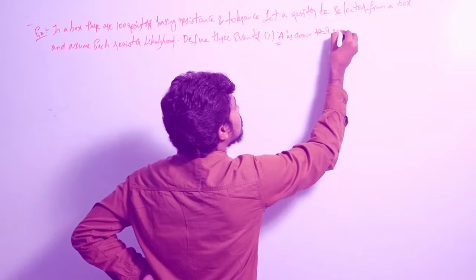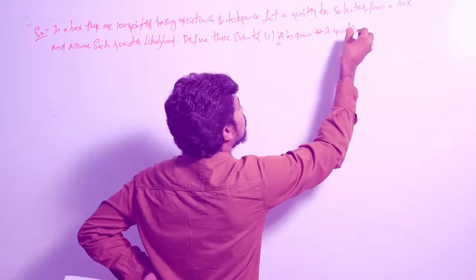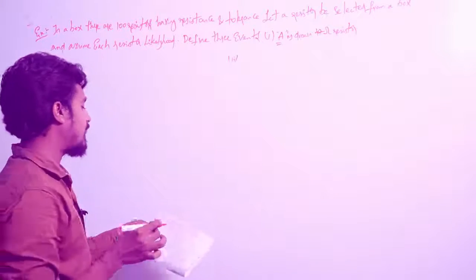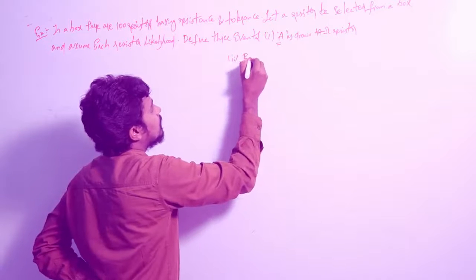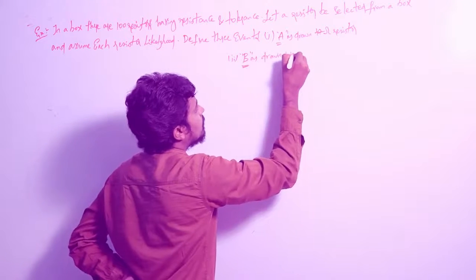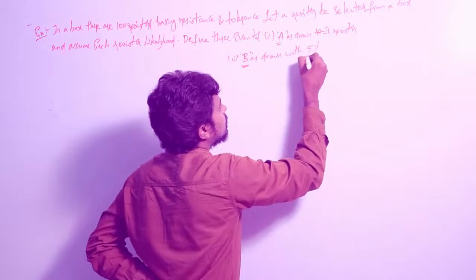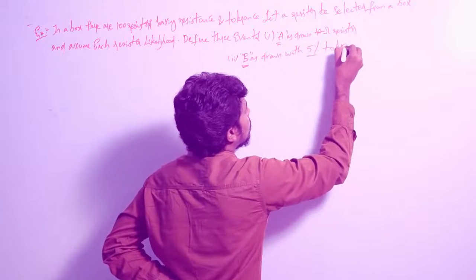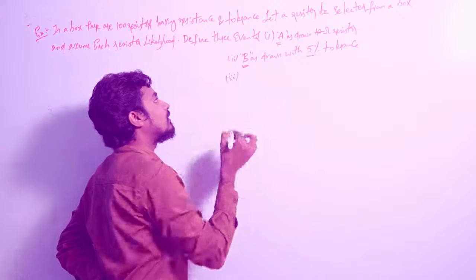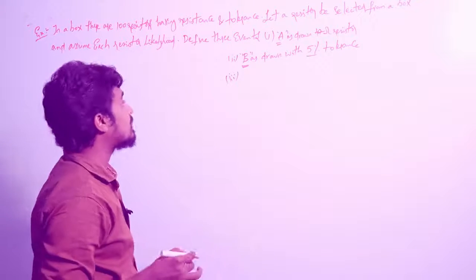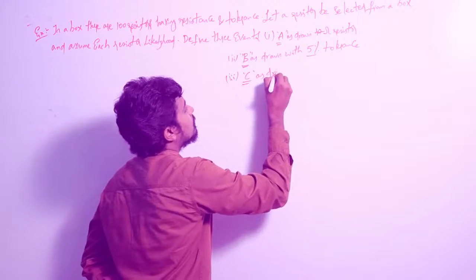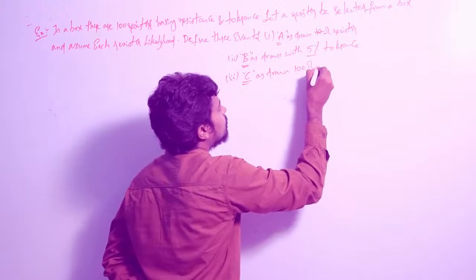Next, for the second, B is drawn with 5% tolerance. And next, third point, C has drawn a 100 ohm resistor.